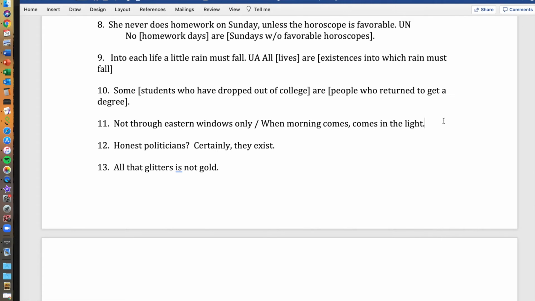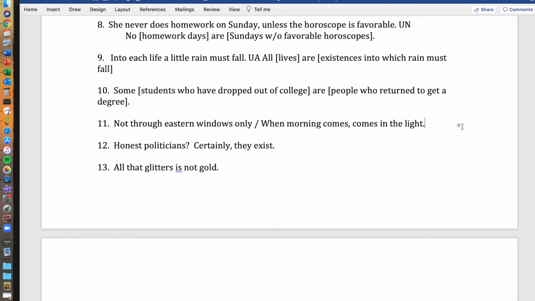It's meant to be especially challenging. So this is a couple of lines from a poem, which we'll take all together as one two-term statement when we translate it. Not through eastern windows only, when morning comes in the light.